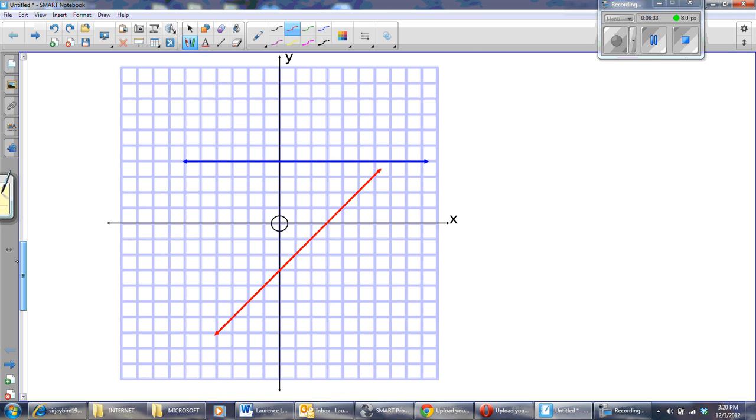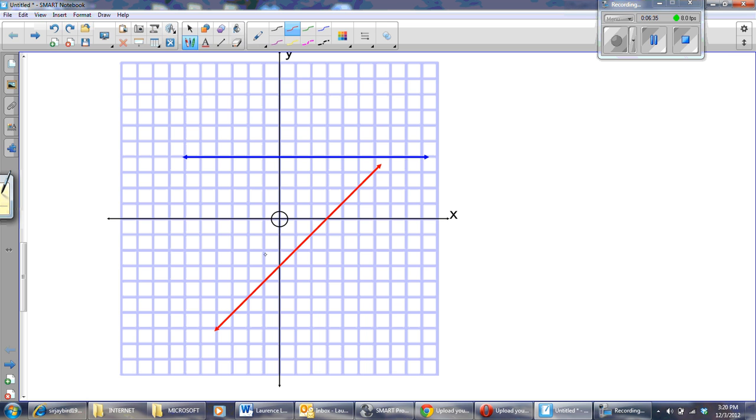All right, 2 more. Let me find the y-intercept of the red one. It looks like it's going through those 2 points. And I'll find the points of the blue one. There we go. For the blue one, the y-intercept is 4. 1, 2, 3, 4.